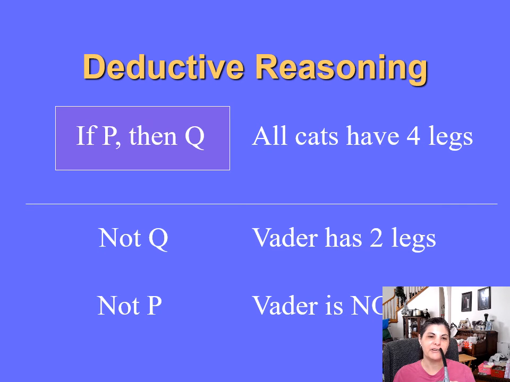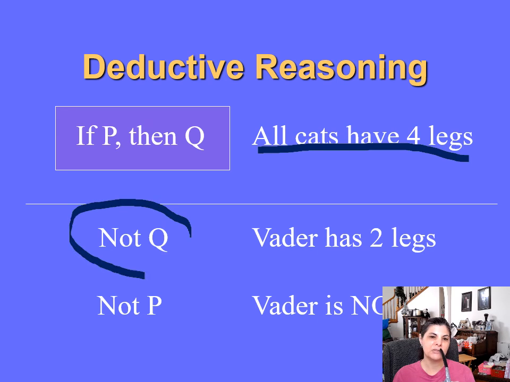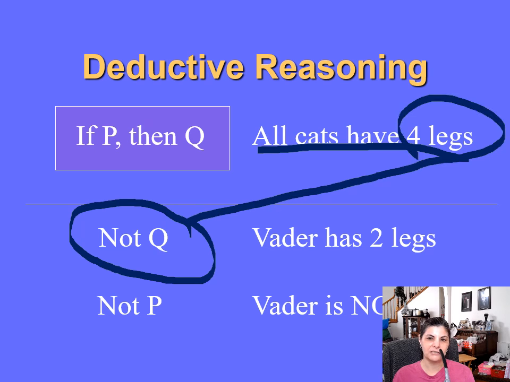There are a lot of different variations on deductive reasoning. Let's say we know that all cats have 4 legs. Okay, if P, then Q. If something's a cat, it has 4 legs. So cat is P, 4 legs is Q. We also know then if something does not meet the requirements of Q, which is the 4 legs, well, let's say I have an animal Vader and he's only got 2 legs.